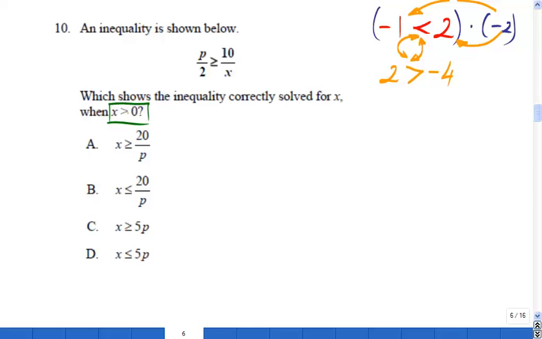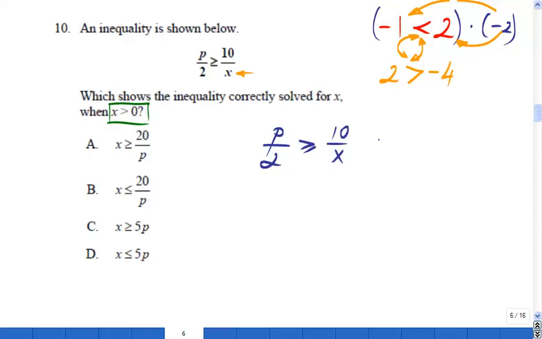But in this problem, they said x is positive, and not just positive, different than 0 too, because it cannot be 0, right? It cannot be 0 at the bottom over there. Okay, well, how to solve this one? Well, I'm going back to the inequality. P over 2 greater than or equal to 10 over x.